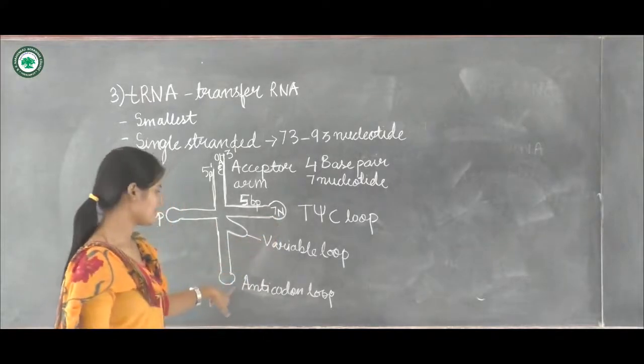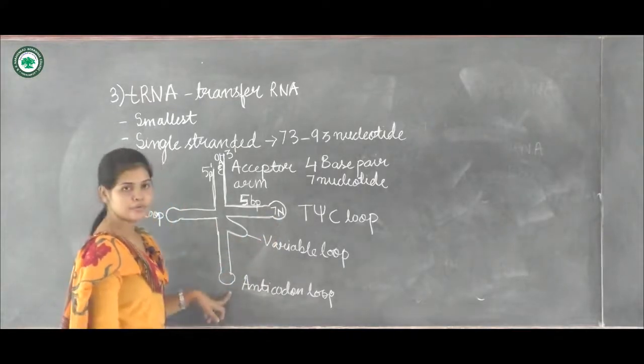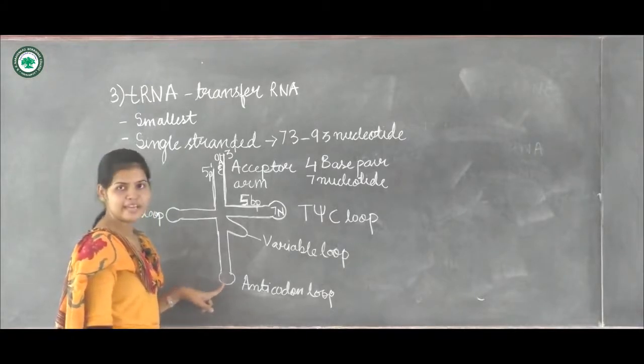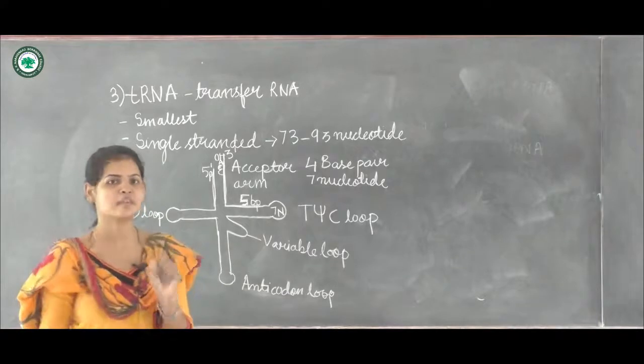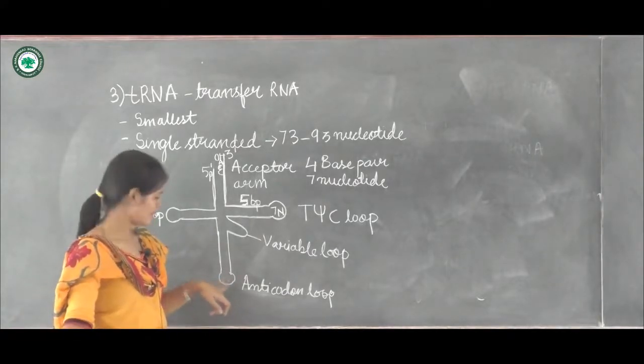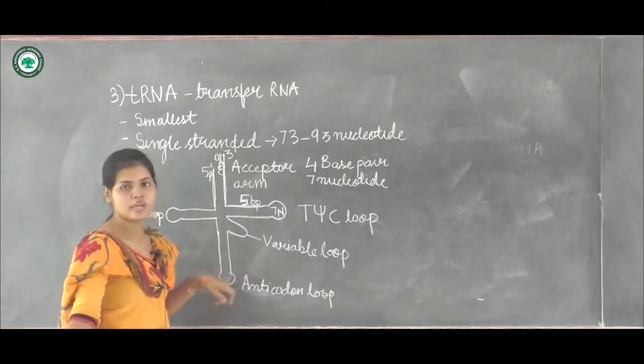Now next, the anticodon loop. At the anticodon loop there is presence of an anticodon, that is 3 nucleotides.